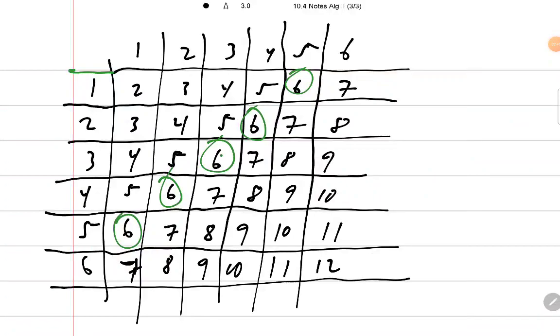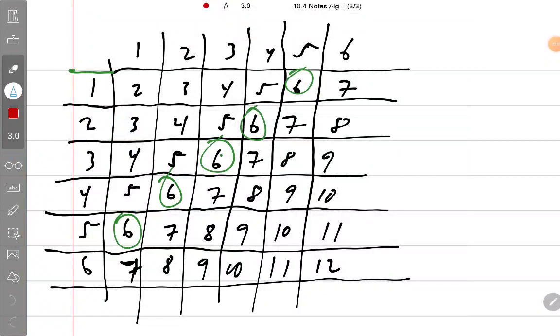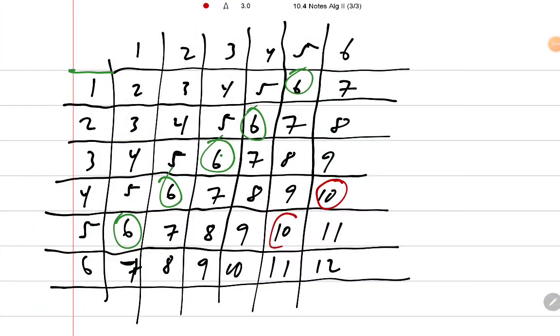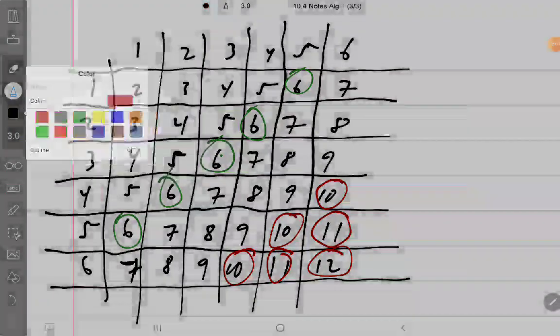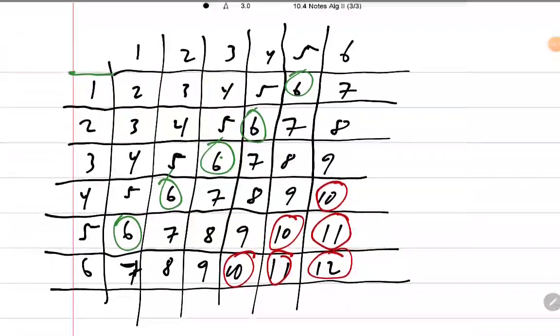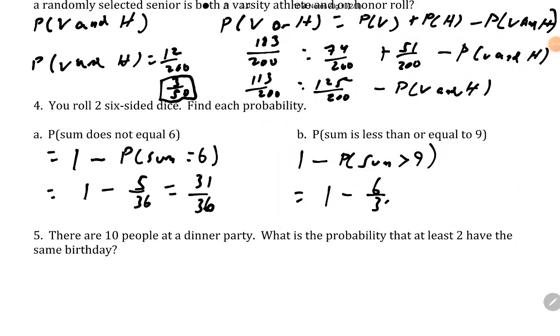So we're looking for sum greater than 9. So that would be this one, this one, this one, this one, and this one, and that one. So 1, 2, 3, 4, 5, 6. So 6 out of the 36 are greater than 9.